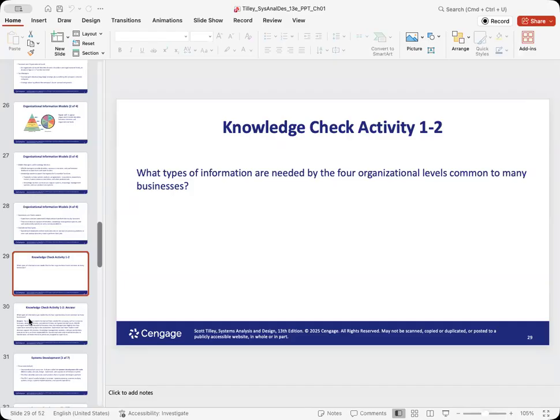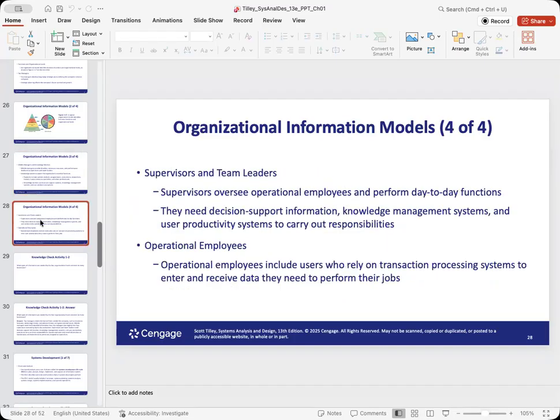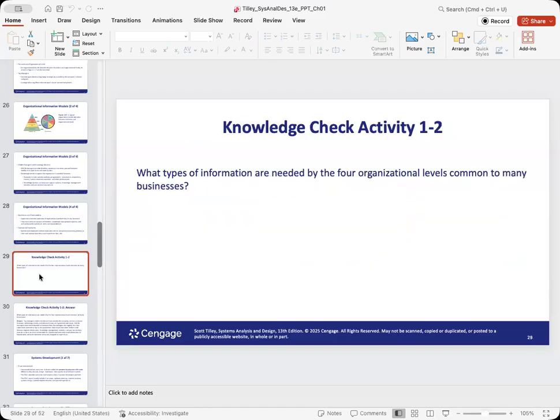So the question is, what types of information are needed by the 4 organizational levels common to many businesses? Now, you remember we dealt with the organizational models. We have the middle managers, knowledge workers, all these. There is a particular information that each of these 4 levels need. What is this information?